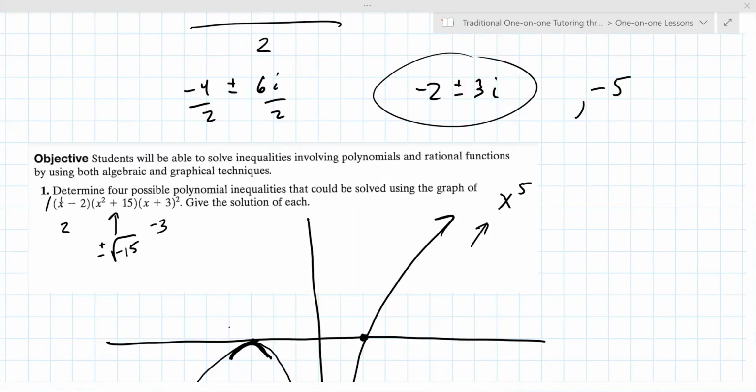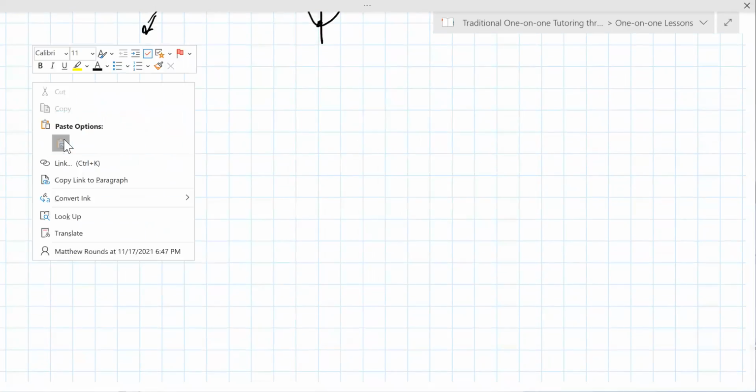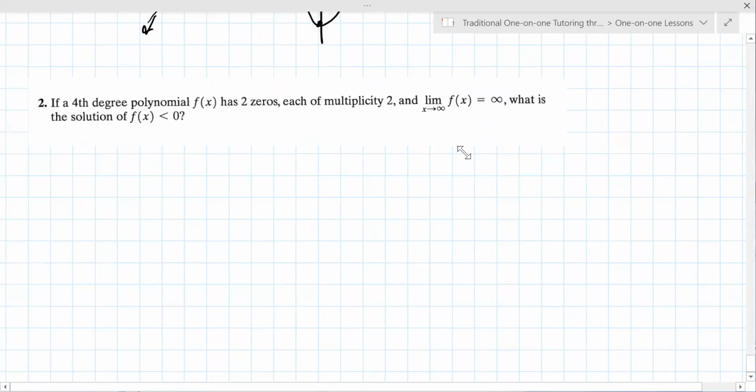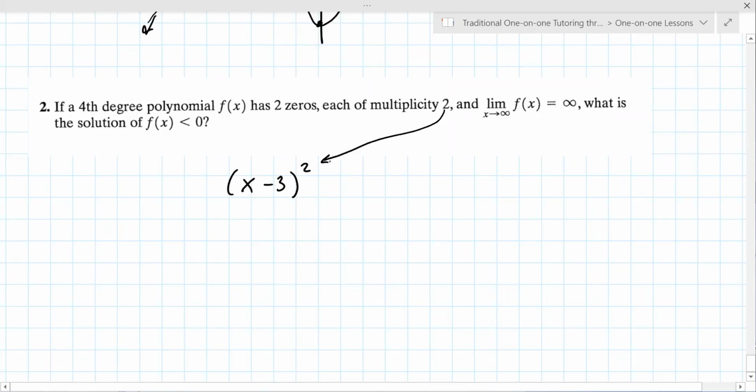Let's try 2. Let's see if we can make some more sense of this. If a 4th degree polynomial has 2 zeros, each of multiplicity 2, here's what that could look like. x minus 3 squared, that's a 0 at 3 with a multiplicity of 2, times another 0.